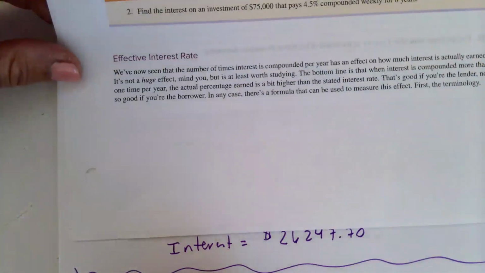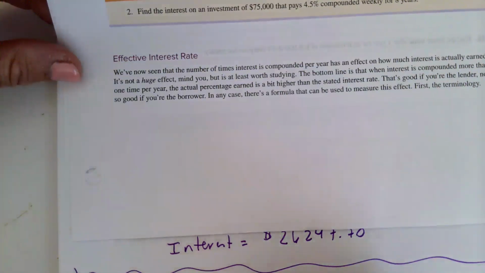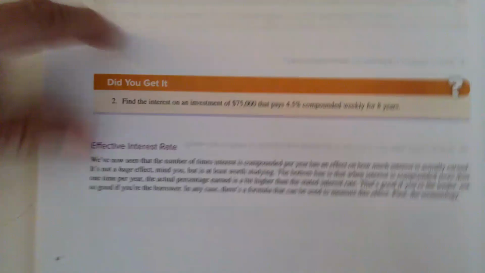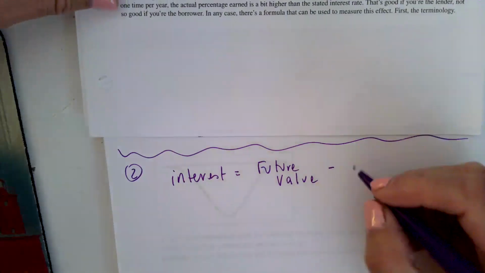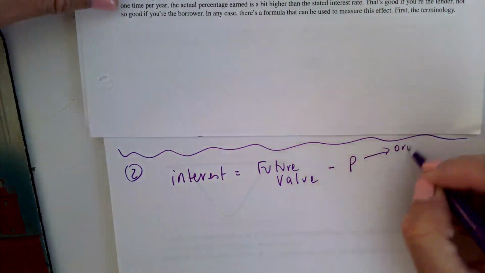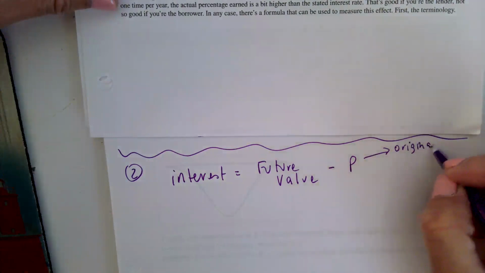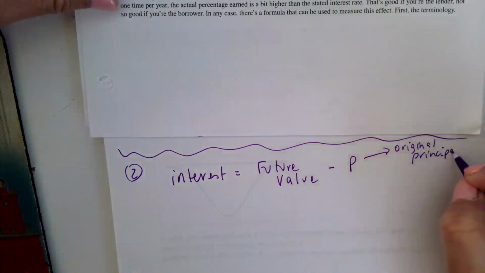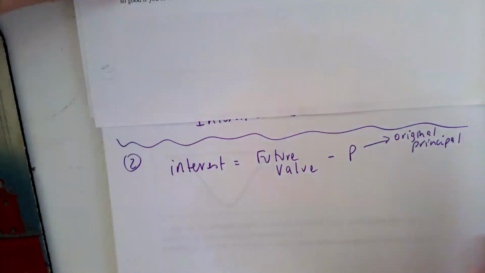So if we want to find the interest, we have to take the future value and subtract P, the original principal.